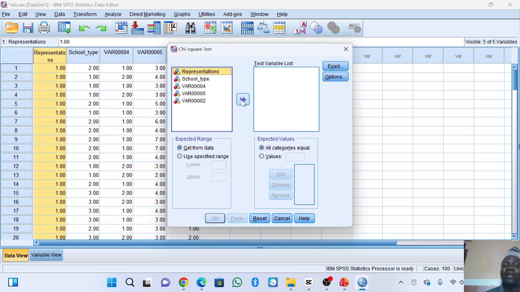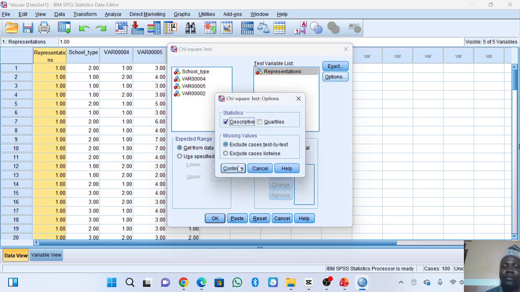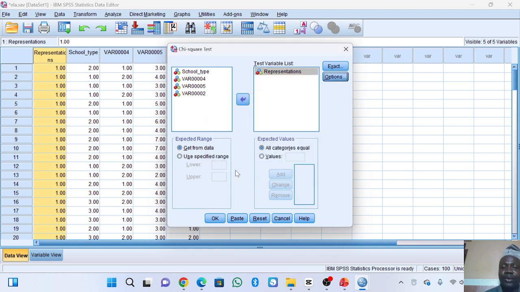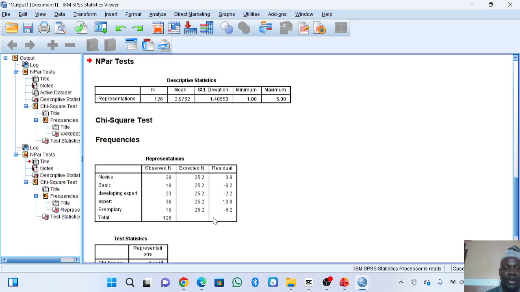Let's drop it in the Test Variable list, and you may wish to go to Options and continue. I will explain the expected values below, but it's not for us because we have already categorized manually before we brought this data to SPSS. So what is left for you to do is to click on OK.